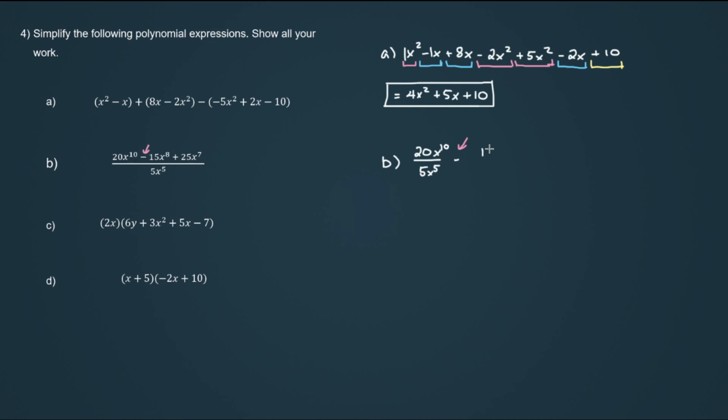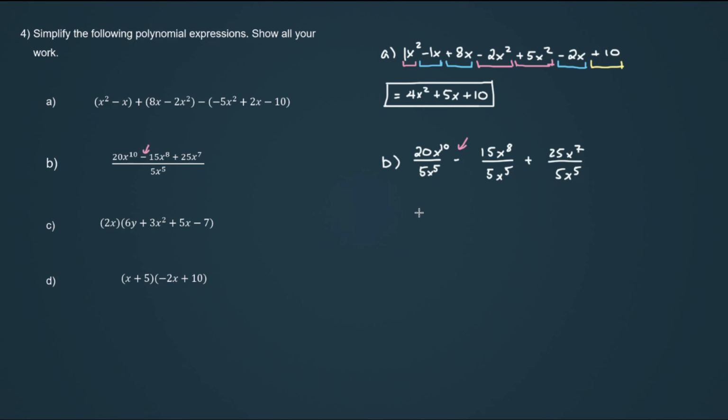So here we're going to have minus 15x^8 divided by 5x^5 plus 25x^7 over 5x^5. Great. Now we're going to divide the coefficients, subtract the exponents of the same variables, right? And in this case, all the variables are the same, so that works out well for us.